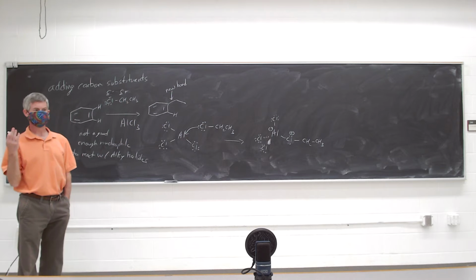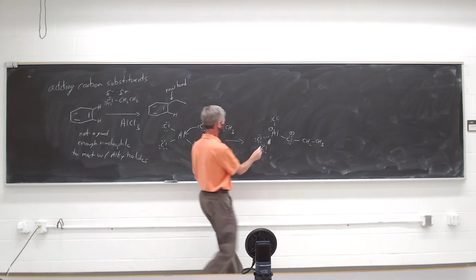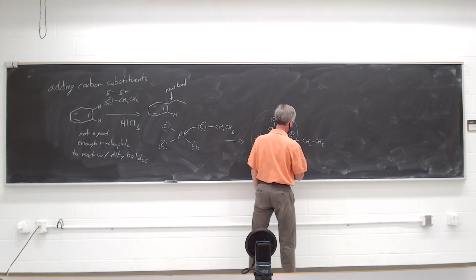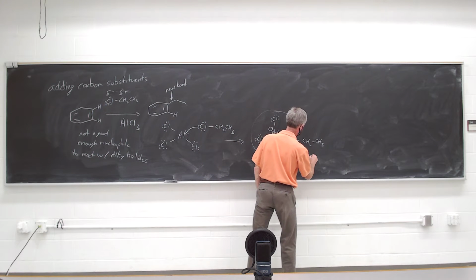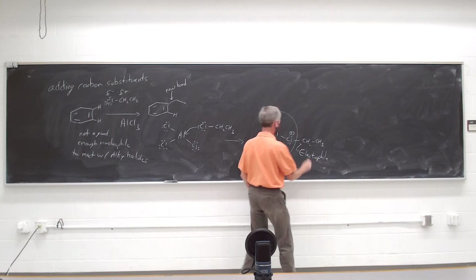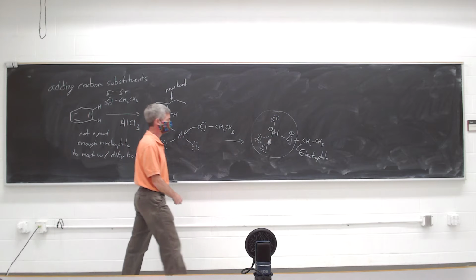And the tetrahedral aluminum with 4 chlorines on it is also a stable complex ion. So this is now a good enough electrophile to react with the benzene ring.